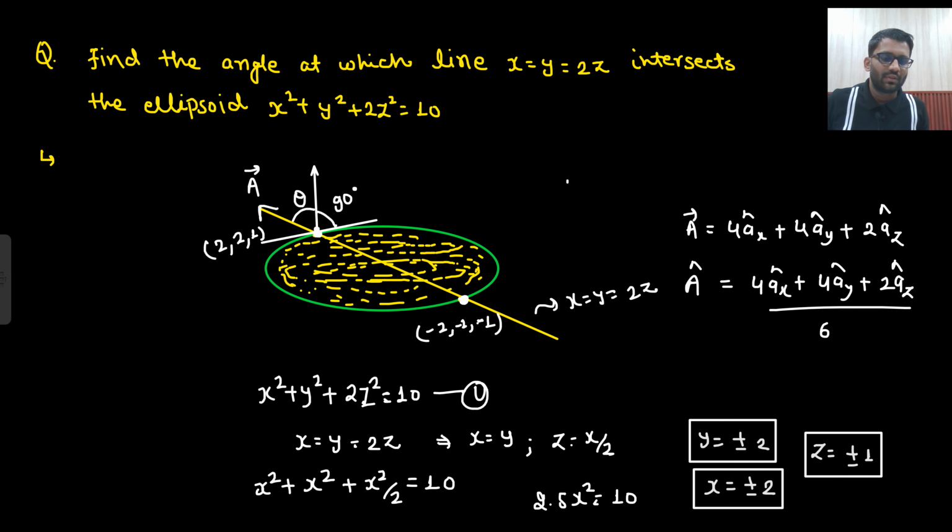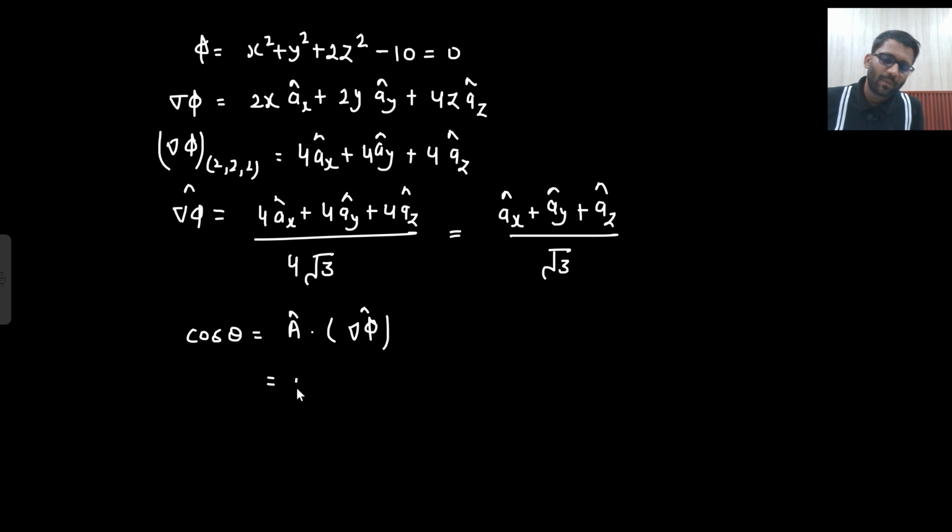So 4 plus 4 plus 2 divided by 6 into under root 3. That would be 5 by 3 under root 3. This is your cos theta.